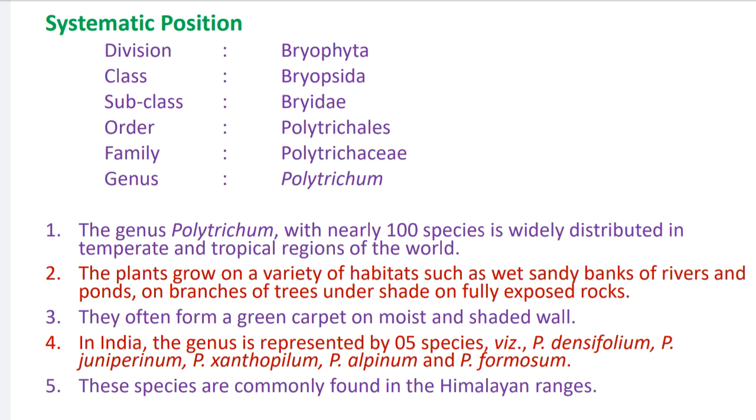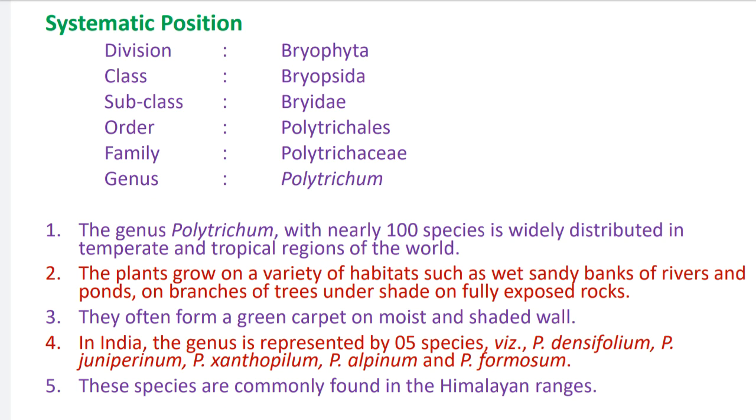Division Bryophyta, class Bryopsida. This class is one of the largest classes in Bryophyta. The common name of Bryopsida is the mosses. The bryophytes included under the class Bryopsida are commonly called mosses.